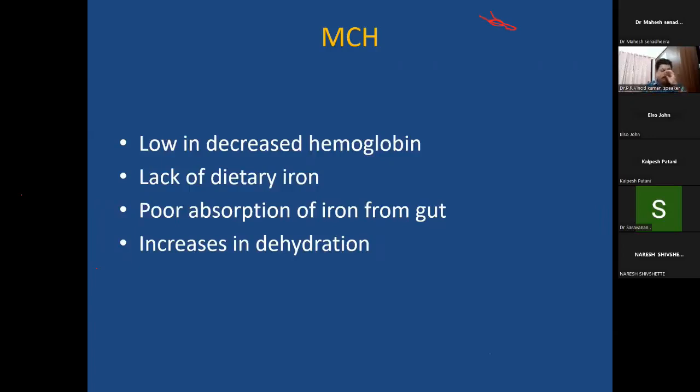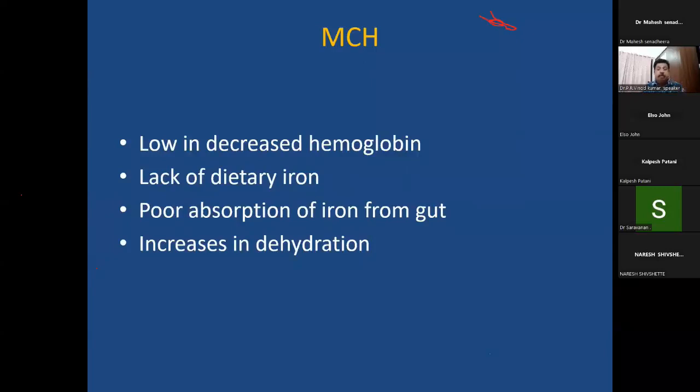Then MCH increases in dehydration, that I have already told. When MCH is high, it indicates that there is dehydration. But we can see other attributes also, like PCV. PCV increases when there is dehydration.